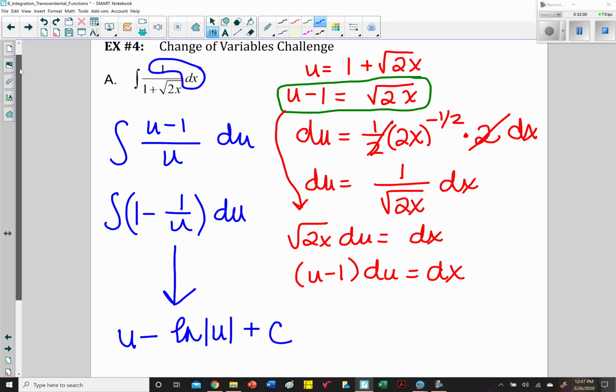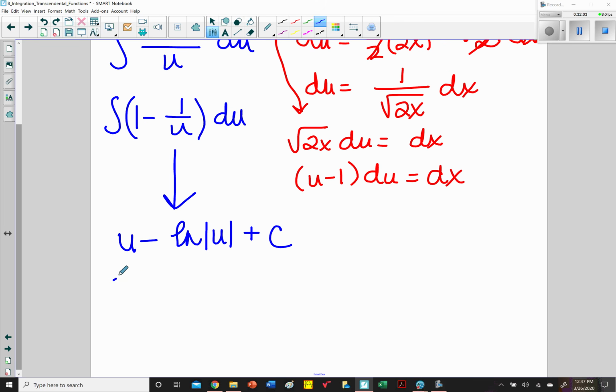U is 1 plus radical 2x. So 1 plus radical 2x minus the natural log of 1 plus radical 2x plus a constant.